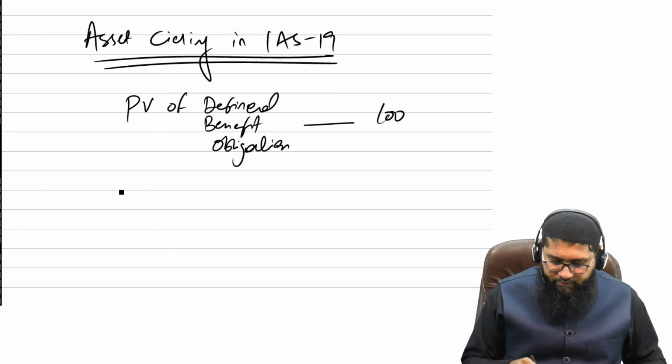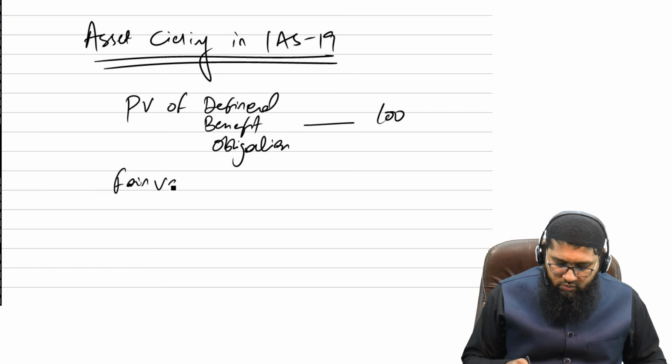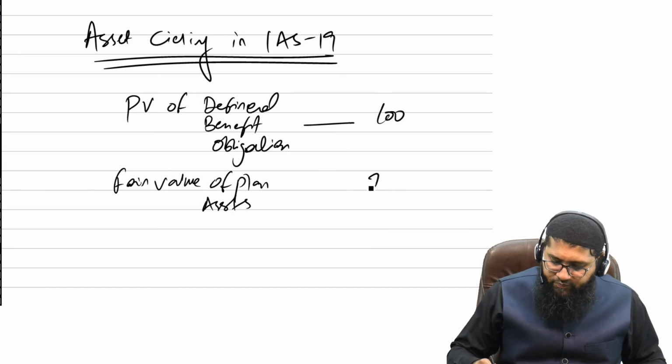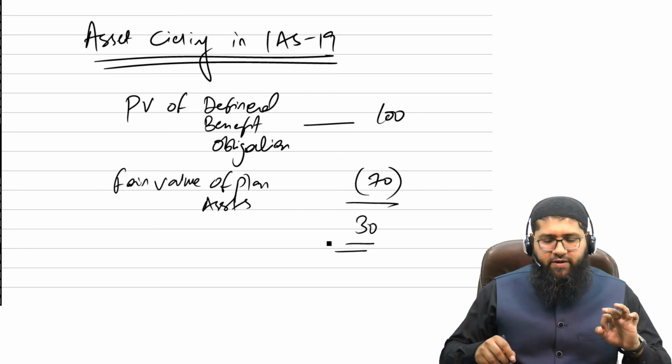Point 100. Fair value of plan assets is, let's say, 70. So we get 30.